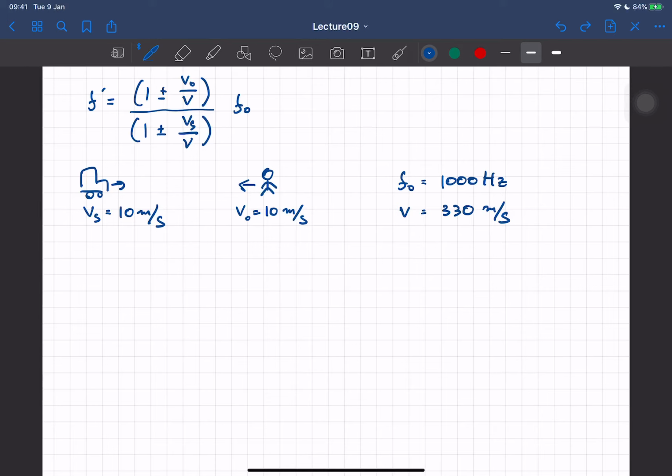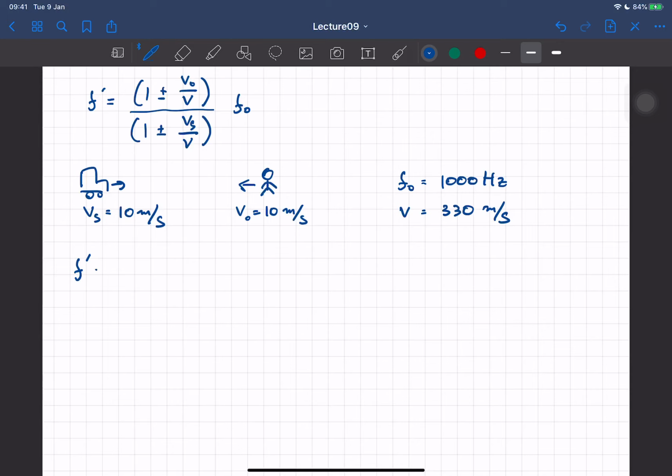So in order to do that, I suggest that you do it one by one, meaning that think about what happened to the frequency when the source is moving towards you. That's the denominator here, right? It's gonna make the frequency higher, so you know to choose the minus sign, right?